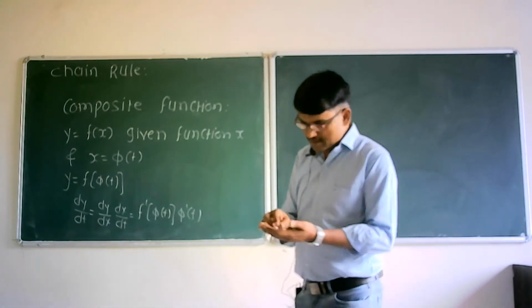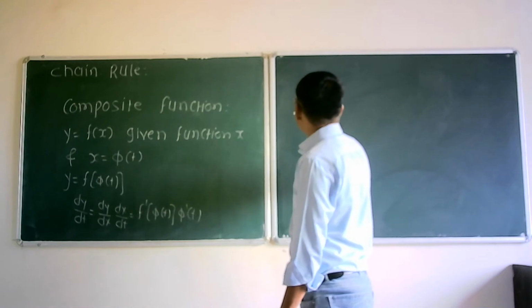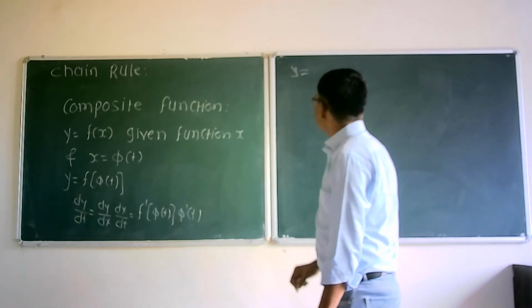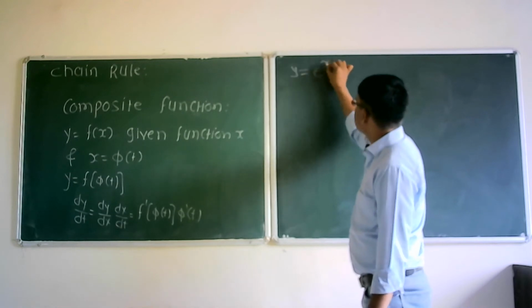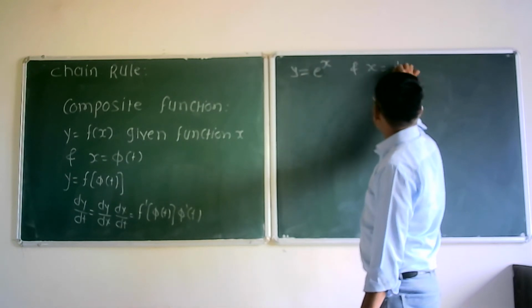Now for example, suppose y is equal to x e raised to x and x is equal to t square.